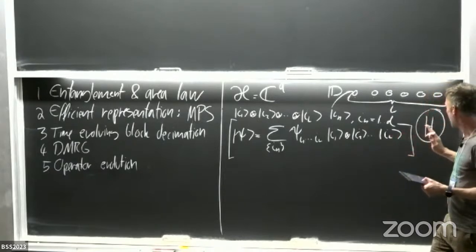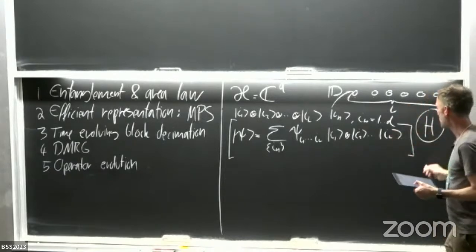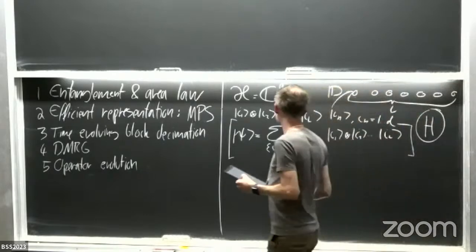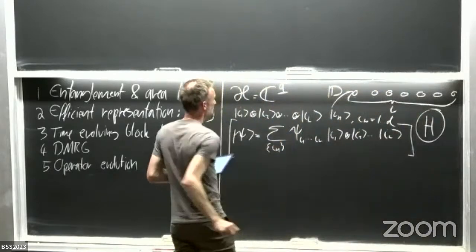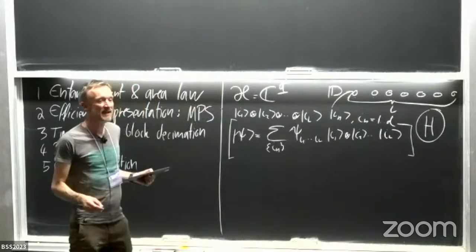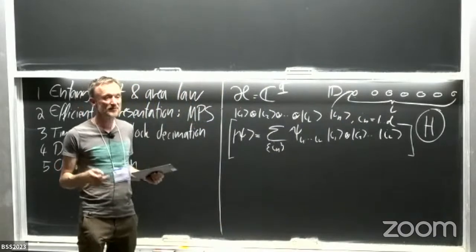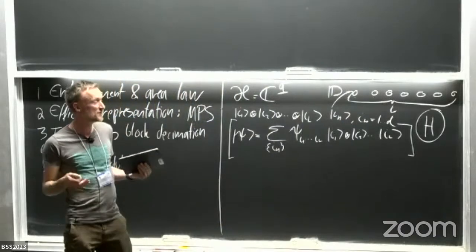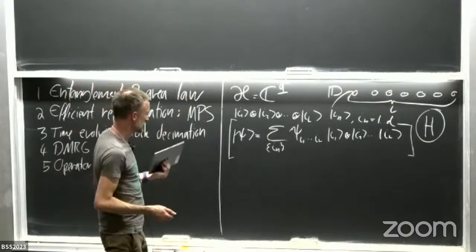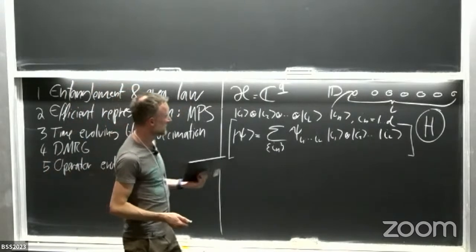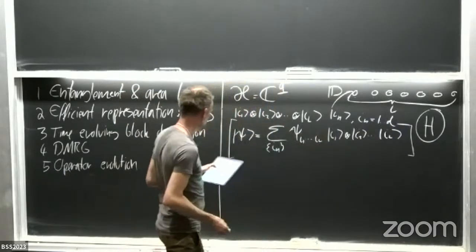Having done this work, we can calculate whatever we want. But the caveat is that the Hilbert space is growing exponentially, and that really limits us to fairly small system sizes if we want to do it numerically exactly by working in the full Hilbert space.